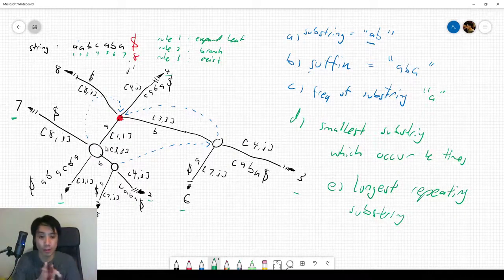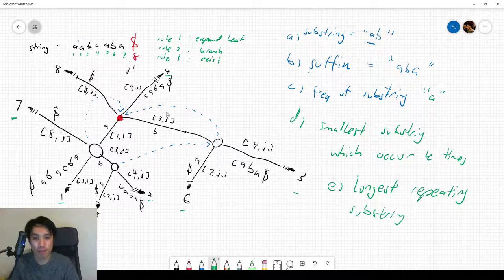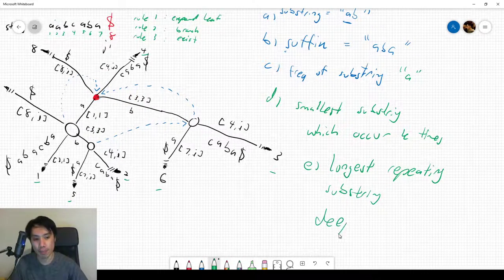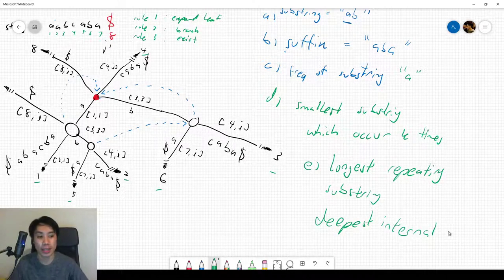As long as it has a branch, it means it actually repeats itself. So if we want the longest, we want the furthest from the root. In other words, to find the answer you are going to find the deepest internal node, because an internal node has a branch. You want the deepest internal node.